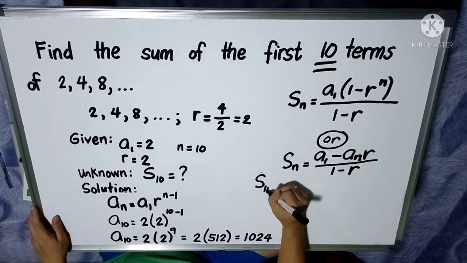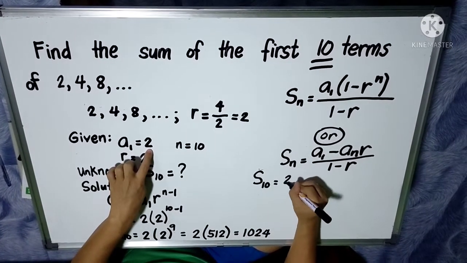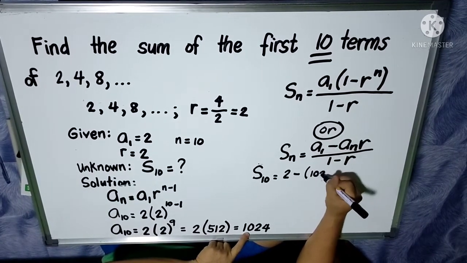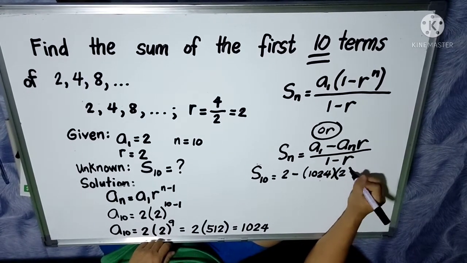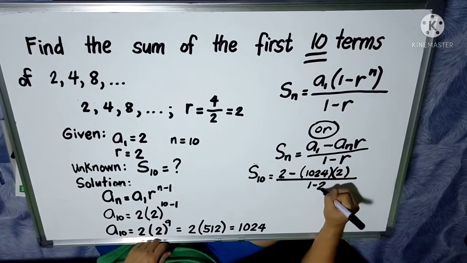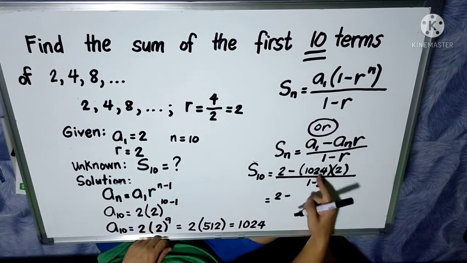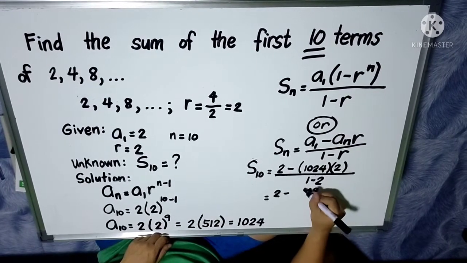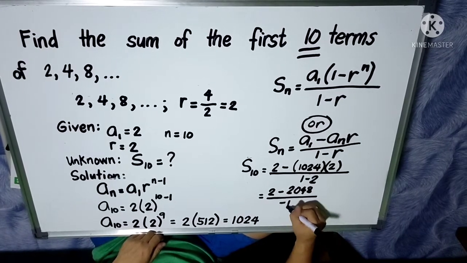So S sub 10 is equal to your a sub 1, which is 2, minus your a sub n, 1024, times your r, which is equal to 2, over 1 minus 2. So this is equal to 2 minus, you have to multiply this first, so you have 2048, all over negative 1.